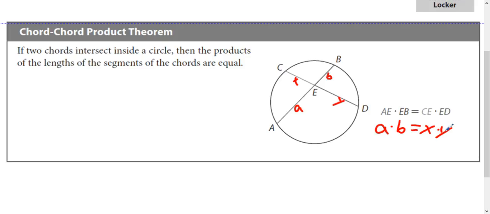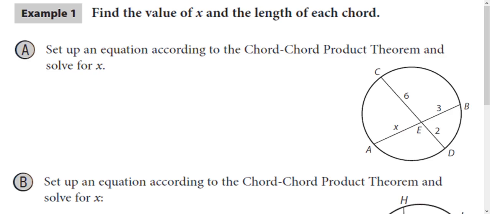You just have to remember that you're sticking within one chord. You don't jump from line to line, you just stick within one chord. So, looking at this example, we have the 6 and the 2 are from one chord, so you multiply those together.